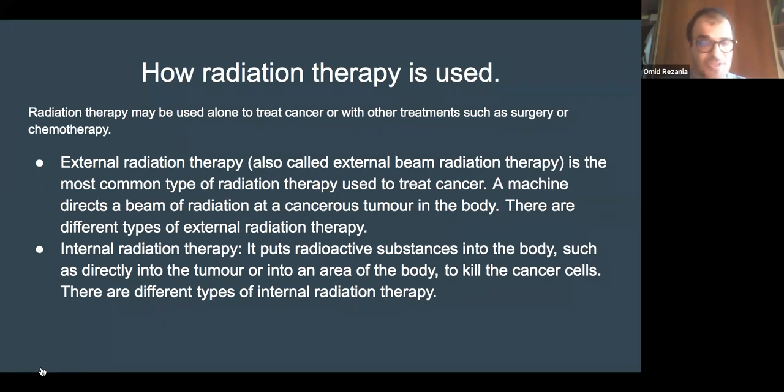Those radiations essentially trigger changes in the DNA of the tumors in the body. It was very good that you made the distinction between the external and internal treatments. And also, you talked about it on your second slide.